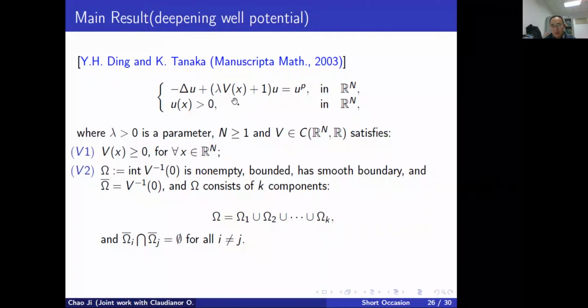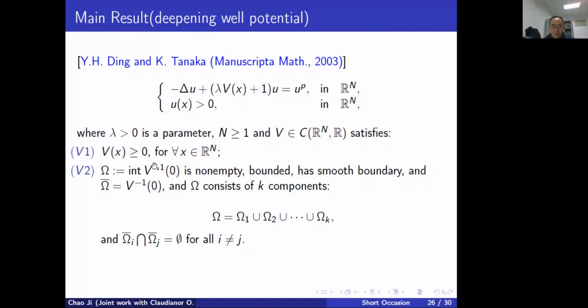Maybe I wrote it like this to make it easy to understand. Here V(x) is non-negative and omega is a non-empty bounded domain with a smooth boundary, and omega consists of k components. The intersection of the closure of omega i and the closure of omega j is empty.